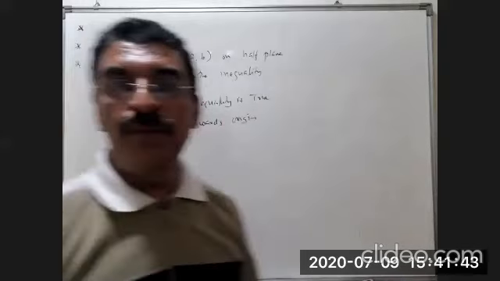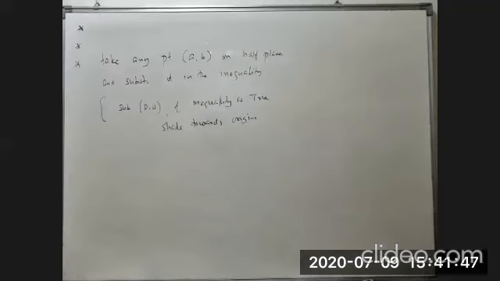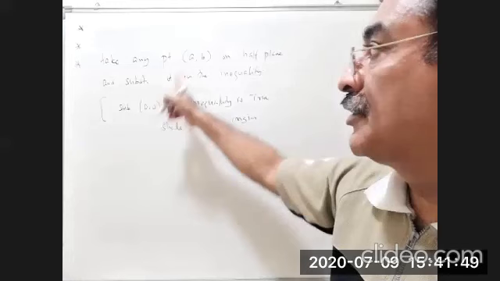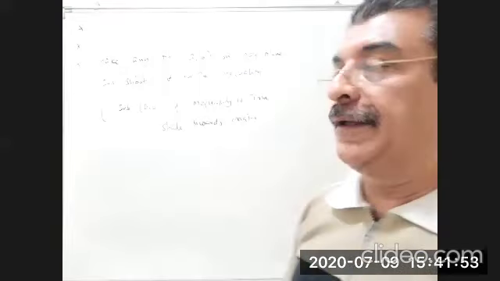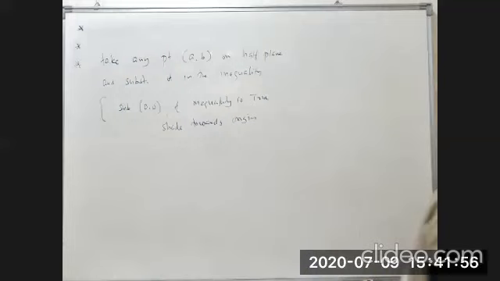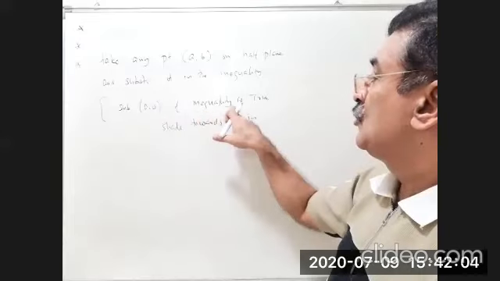Shade towards origin means containing the origin. Instead of a, b, the best way is to substitute (0, 0). While doing the questions, you will get the idea. Instead of substituting any number, (0, 0) is the best point, so that no calculation is required. Substitute (0, 0). If the inequality is true, shade towards the origin.